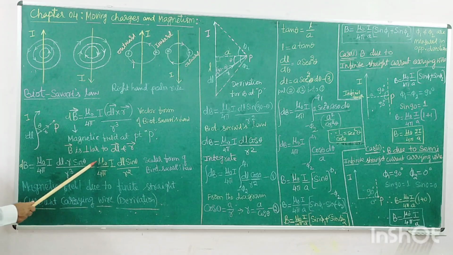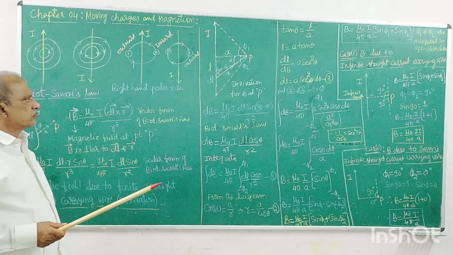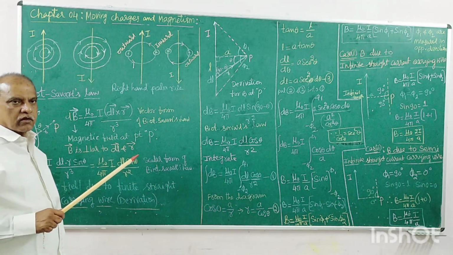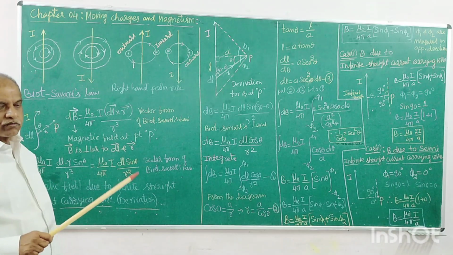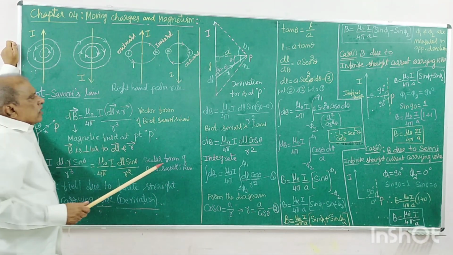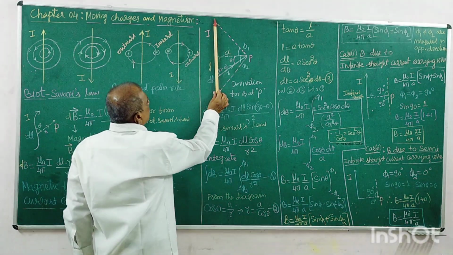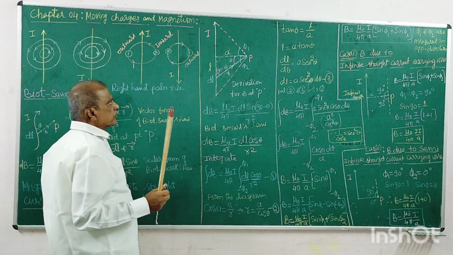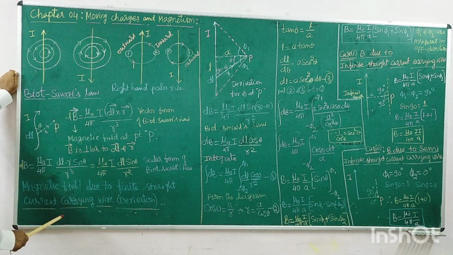Using this mathematical statement, we can go for derivations of B for different configurations of the conductor. I am taking the configuration of the conductor as a straight line, very straight, no bend, and for a finite length.